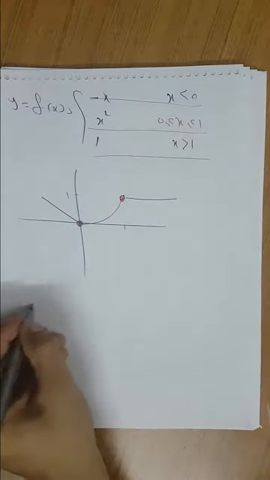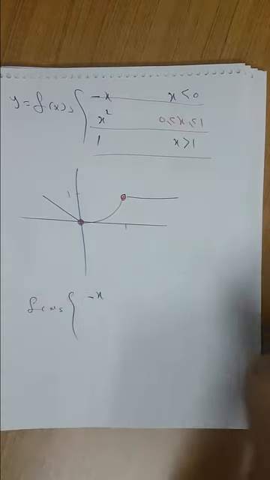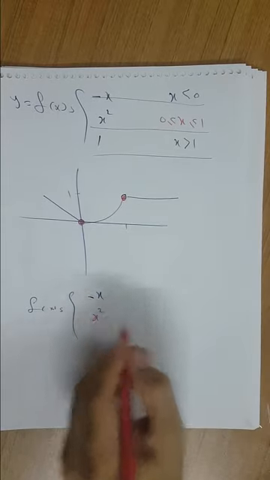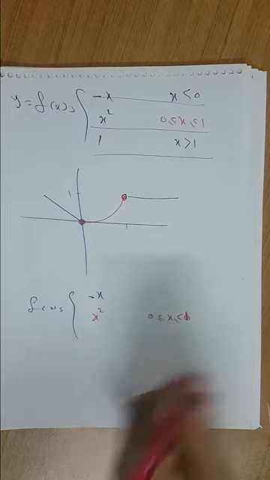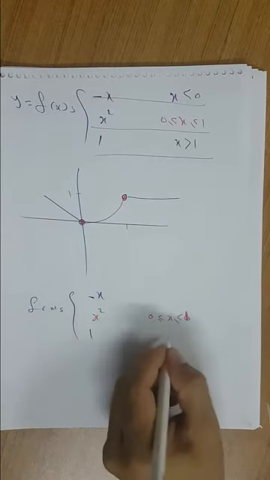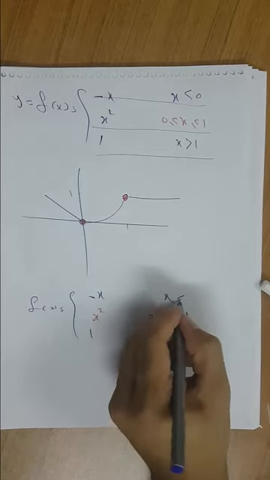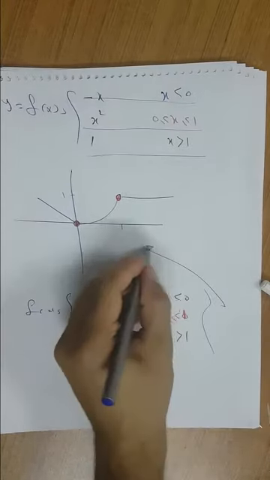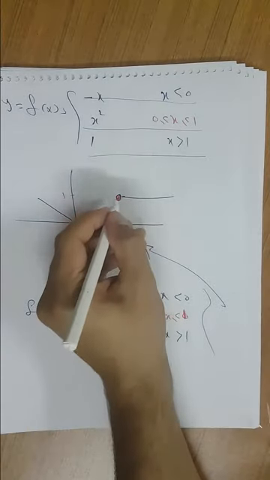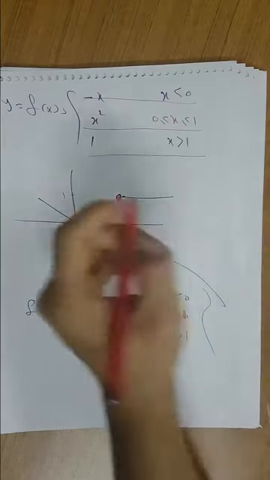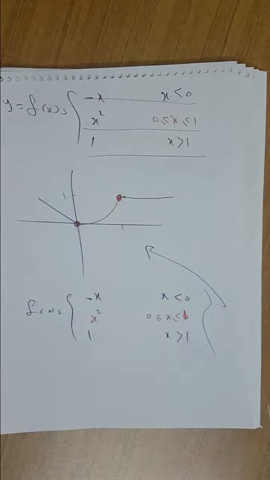So f of x is equal to minus x squared. This is your graph. It's very important and needs more work. So please do not hesitate to ask me in case you don't understand the work.